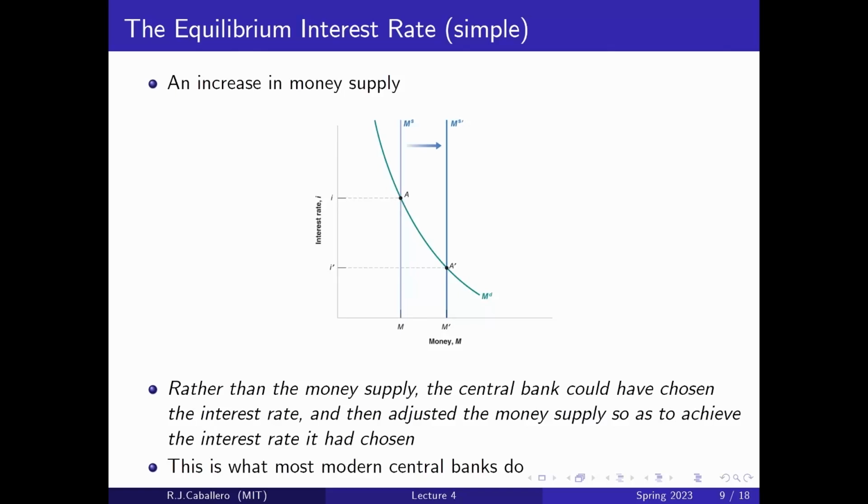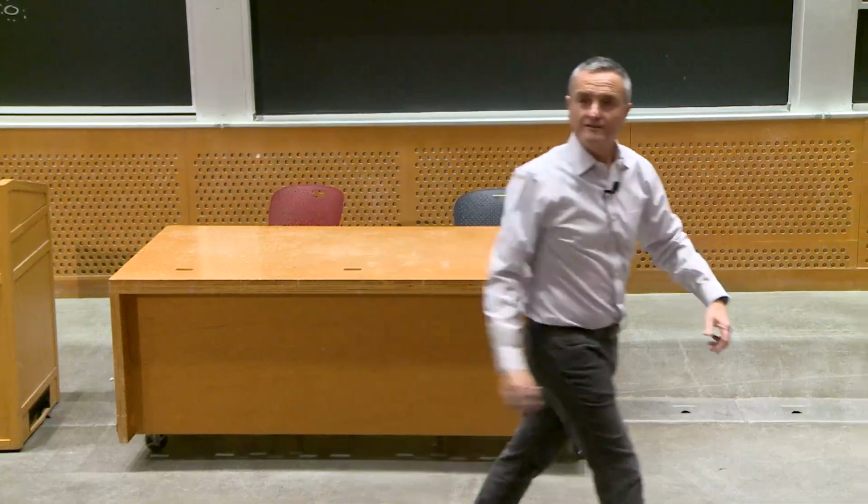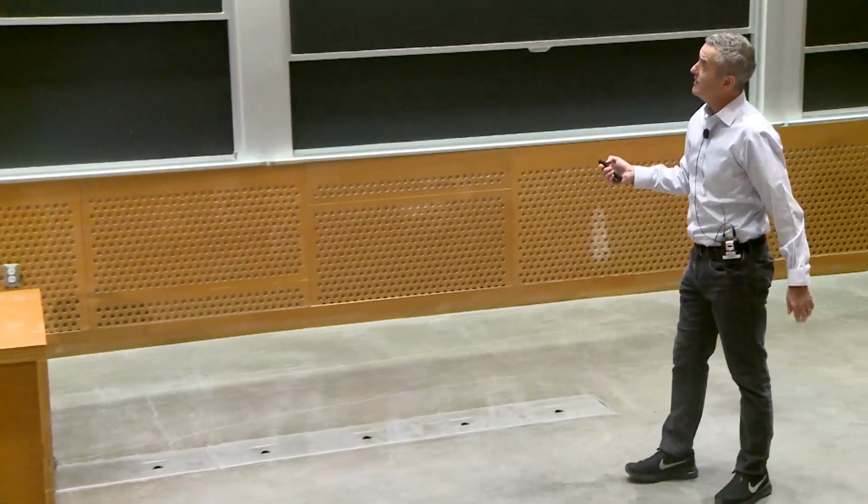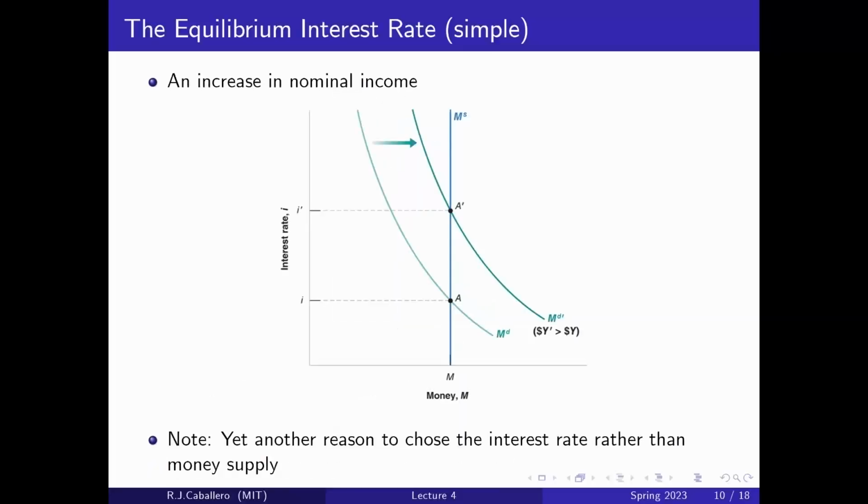Okay? So that's the case of an expansionary monetary policy. Suppose the Fed wants to lower the interest rate from here to here. Well, what it needs to do is increase money. And increasing money means it goes out there, an open market operation, and buys bonds from the private sector. It takes bonds in, and gives them cash, money. That's an expansionary monetary policy, and an expansionary monetary policy will lower the interest rate.